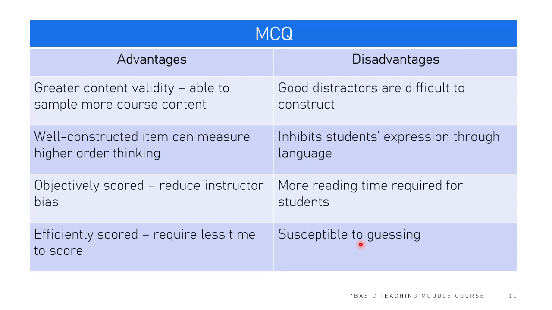It's possible that students do not know the knowledge, but they can get it correct because the MCQ question is susceptible to guessing. So they have a 25% chance of getting it correct, whether or not they achieve the learning outcome. So that's among the risks to consider when using MCQ questions.